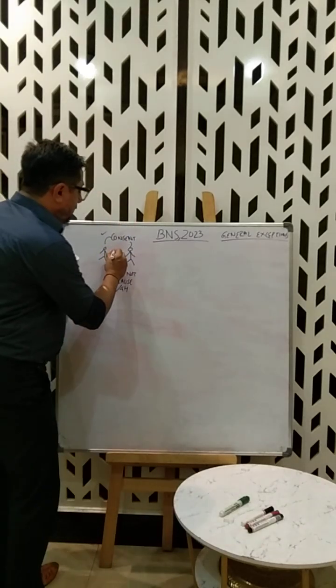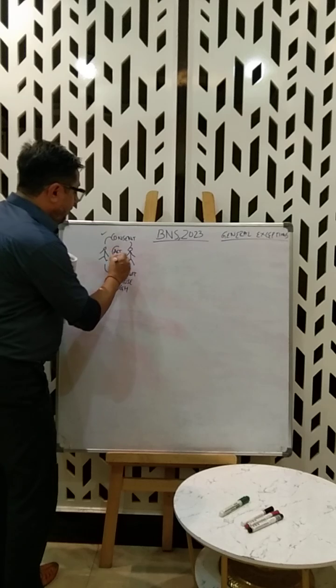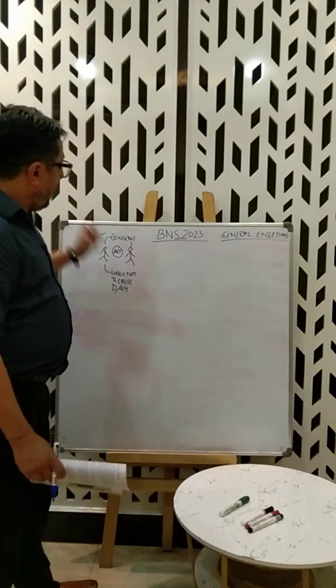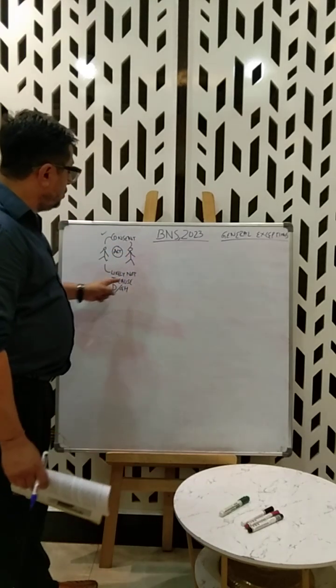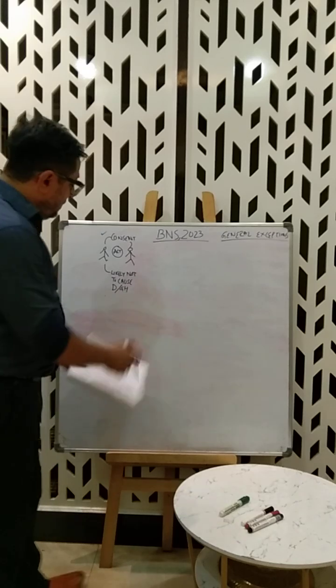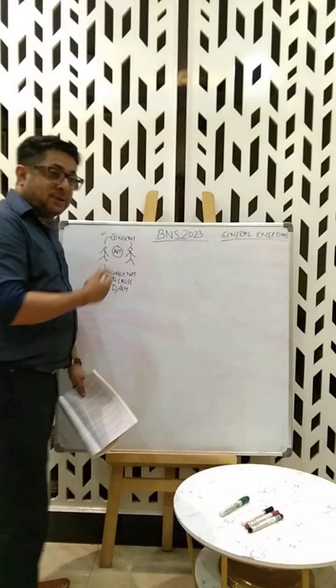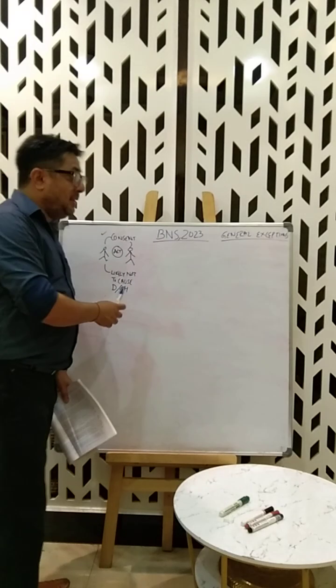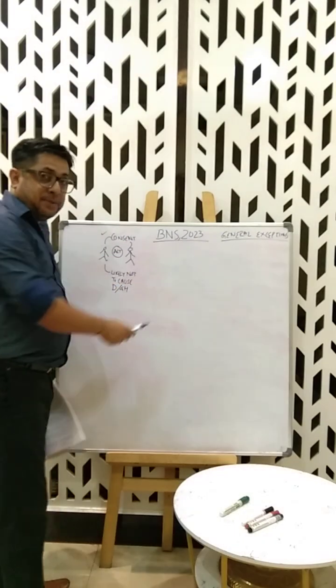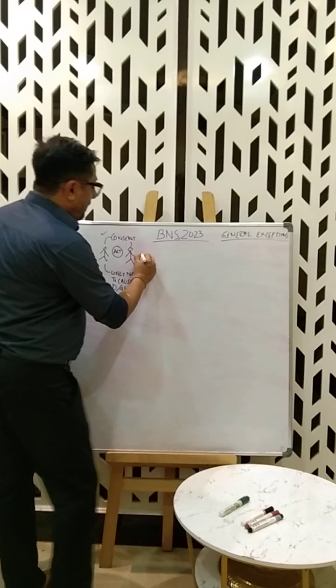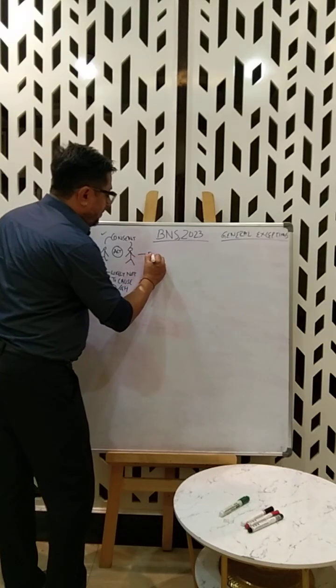To do some act. And the act is such that it is likely not to cause death or grievous hurt, D for death and GH for grievous hurt. Then, if something wrong happens, they get the benefit of the general exceptions. Example, fencing.